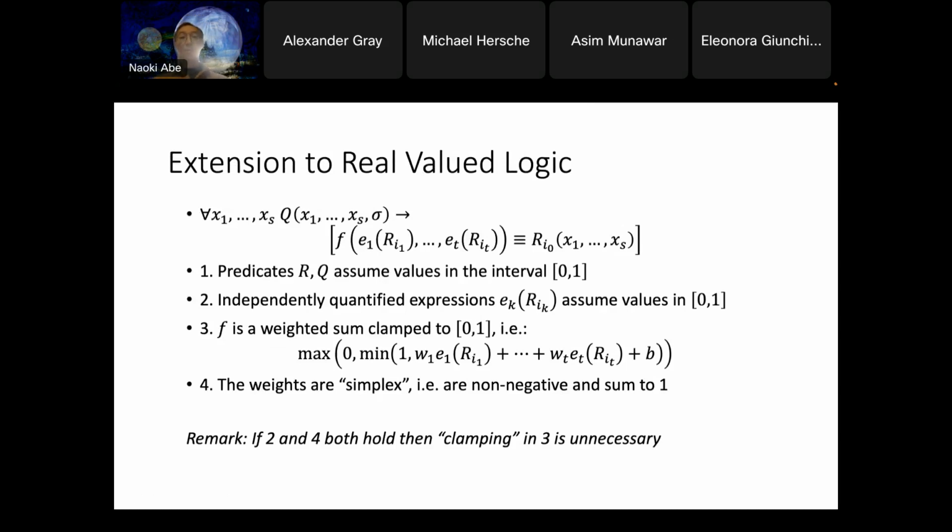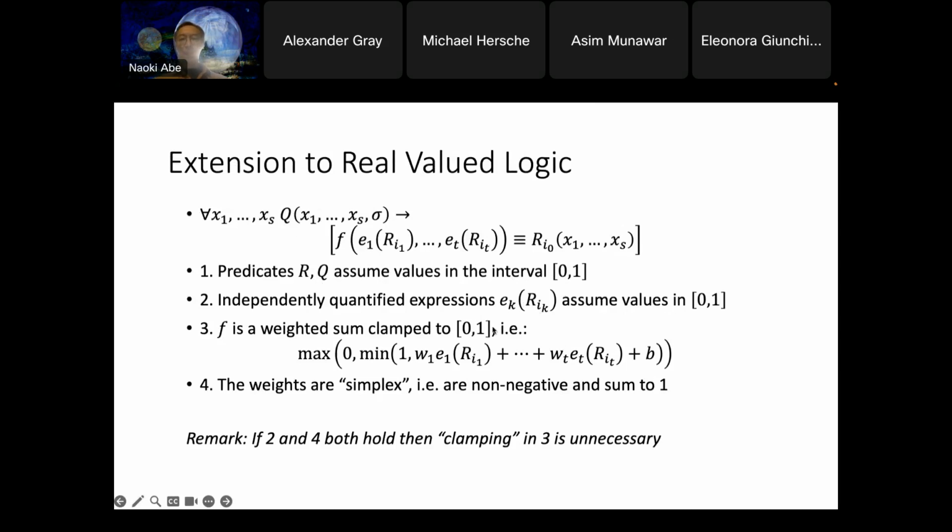So first, the real-valued logic extension. We'd like to now generalize so that these predicates, both the Q and R, now take continuous values between 0 and 1. And so do these independently quantified expressions.